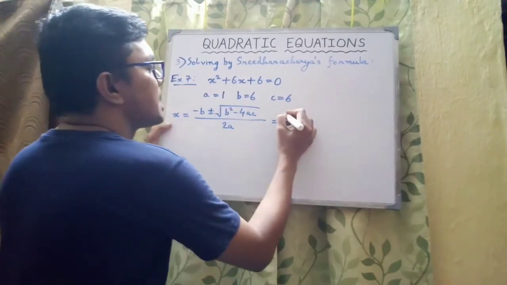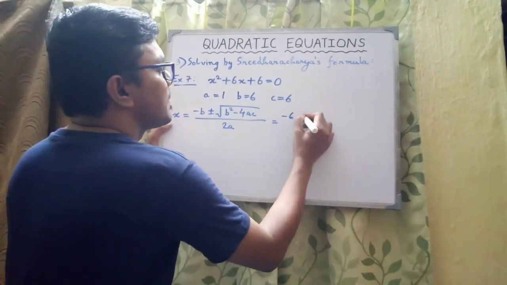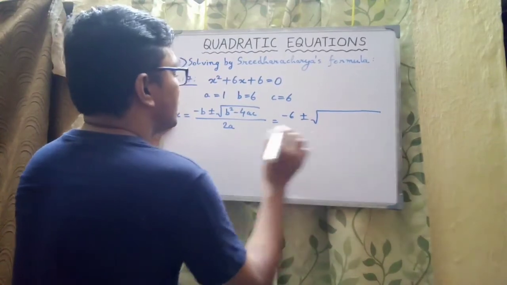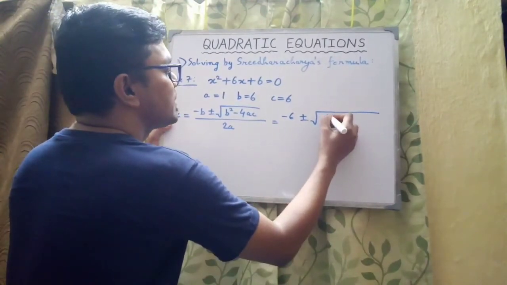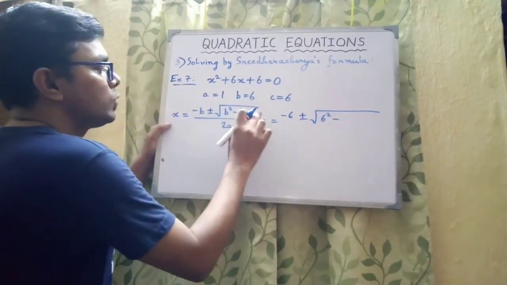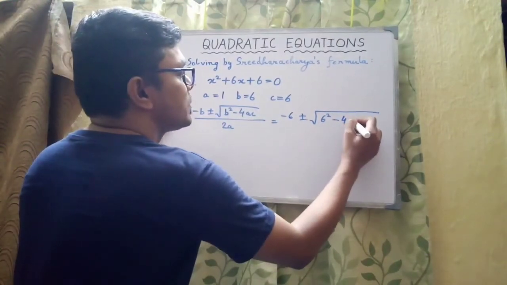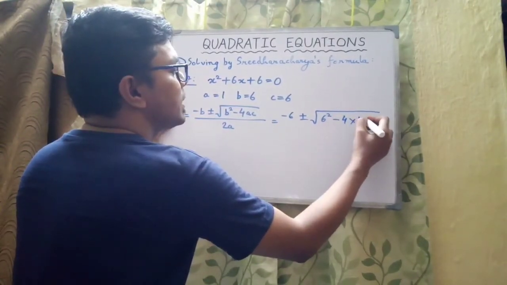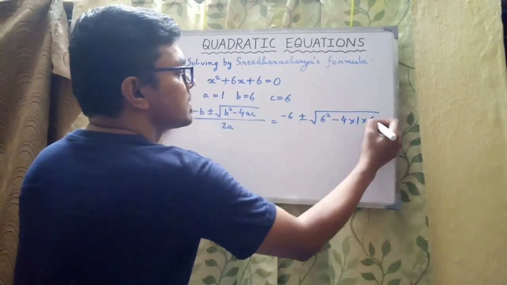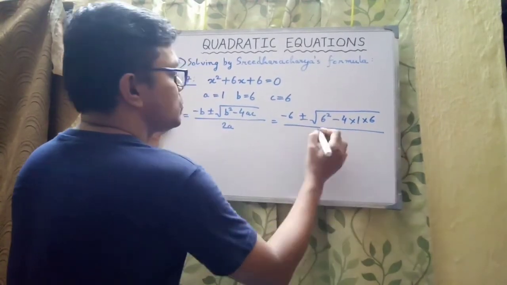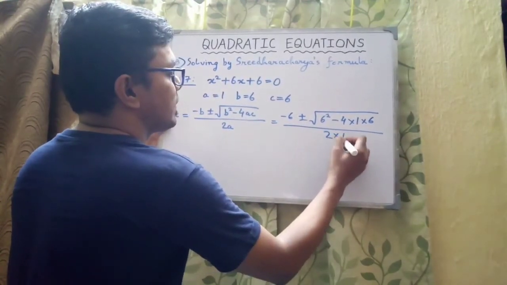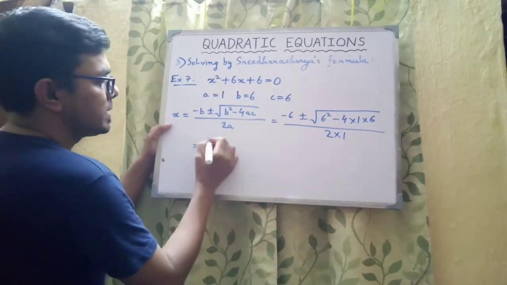Now we just put the values. Minus b, that is minus 6, plus minus root over of b squared, that is 6 squared, minus 4 into a into c, that is 4 into a, that is 1, into c, that is 6, whole by 2a, that is 2 into 1. We keep on evaluating.